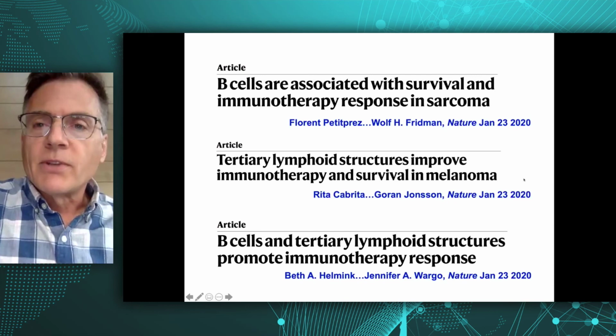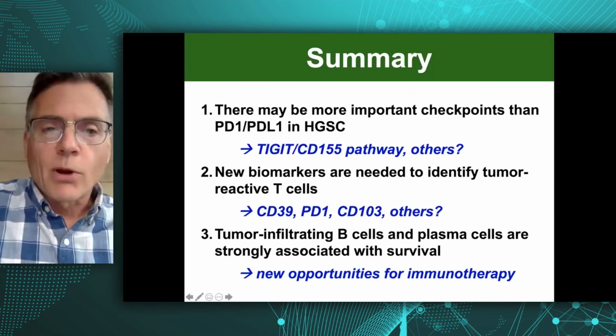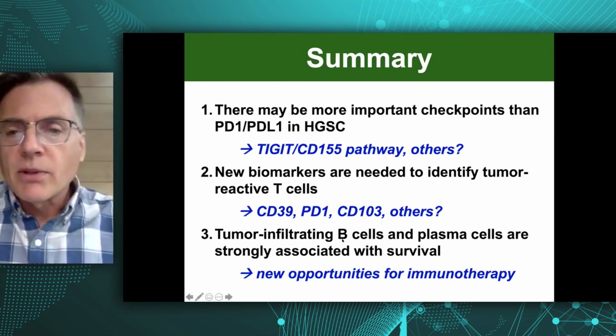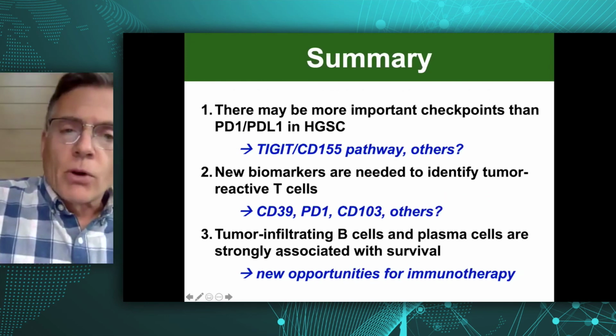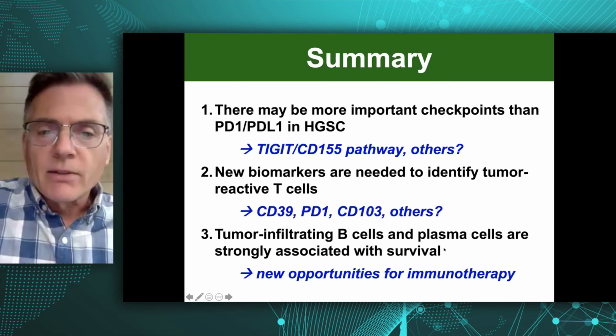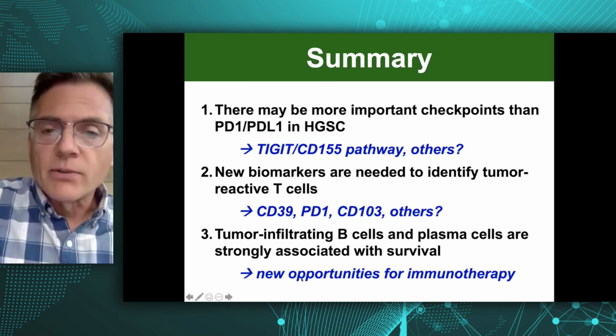So we see this as a relatively new area with lots of opportunity. That's my third point: tumor-infiltrating B cells and plasma cells are strongly associated with survival in HGSC and other malignancies. And we think this opens up a whole bunch of new opportunities, targets for immunotherapy.